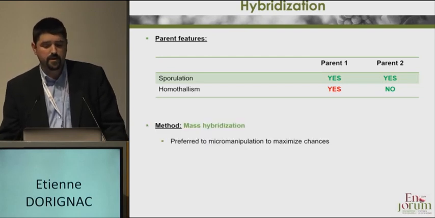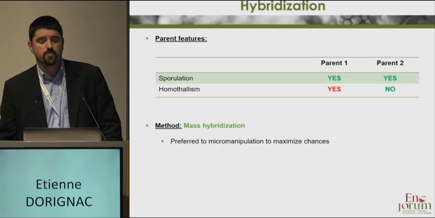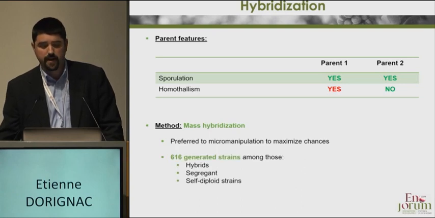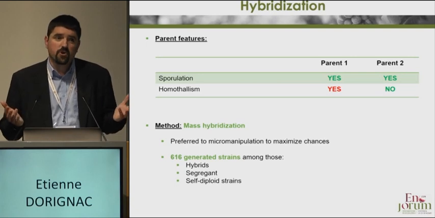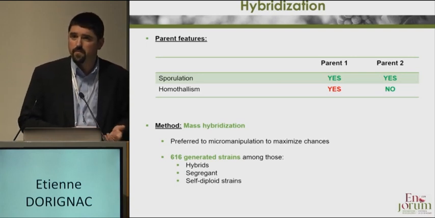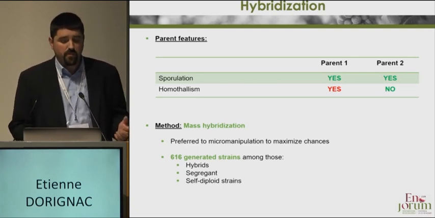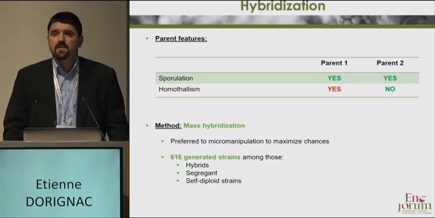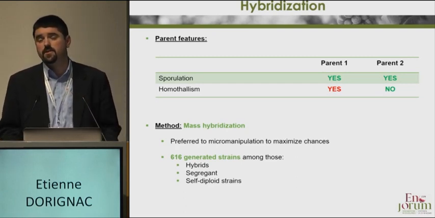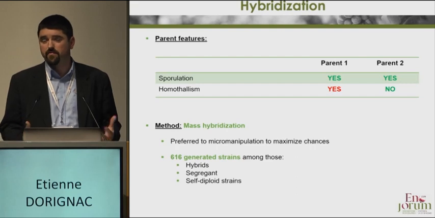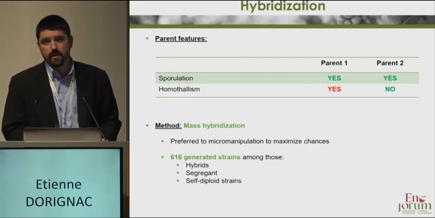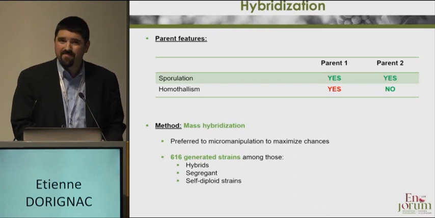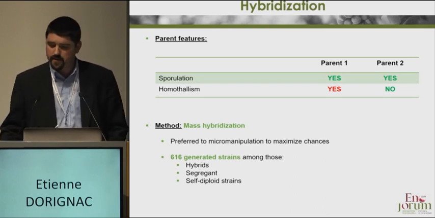So what we did was a mass hybridization to maximize the chance to get real hybrids from both parents. For sure segregants as well, haploid spores from both parents, but also self-diploid strains. These are strains that come exactly from the same parent, maybe with a recombination, but from the same parent, so having more ability to have the characteristics of the parent.